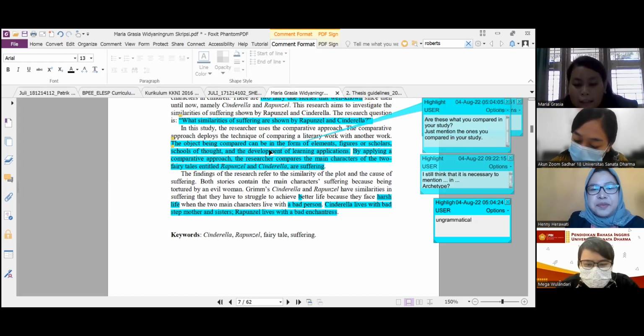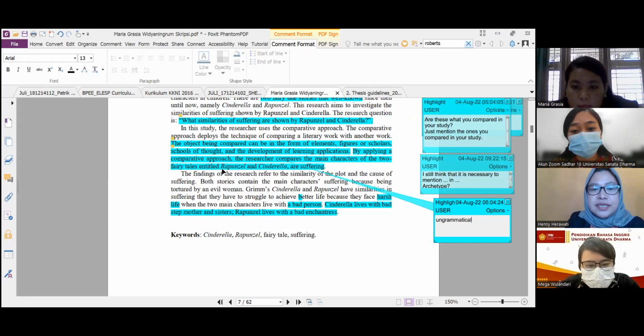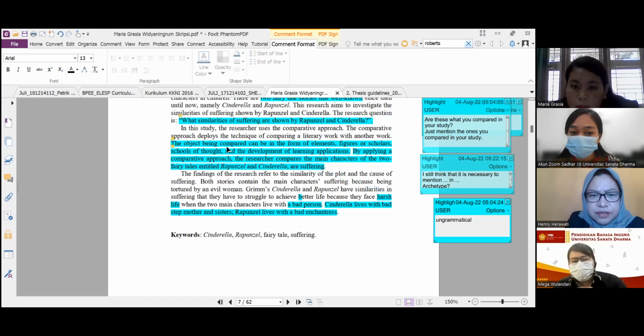And then, yes, but why did you mention this? The object being compared, the objects, okay, because comparing means more than one, can be in the form of elements, okay, figures of scholars, schools of thought. Now, in your study, you compare the main characters, but what is this? What I mean here is, I think in the abstract, you just need to mention the one that you compared in your study. I got a bit confused here because there is figures of scholars and schools of thought and development of learning applications.